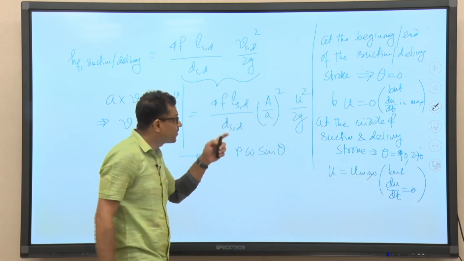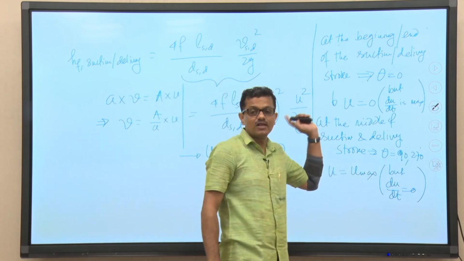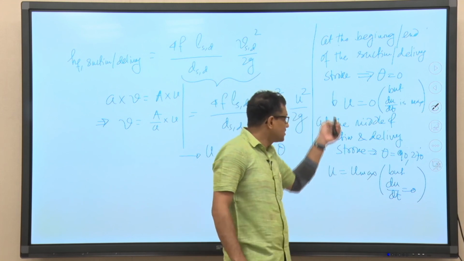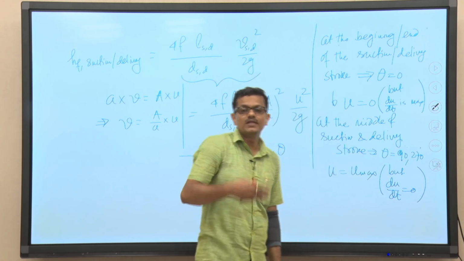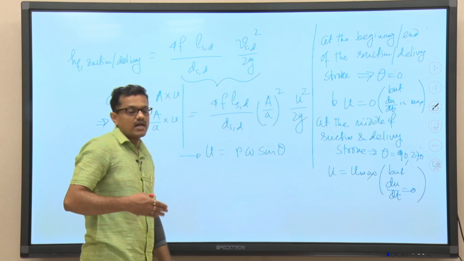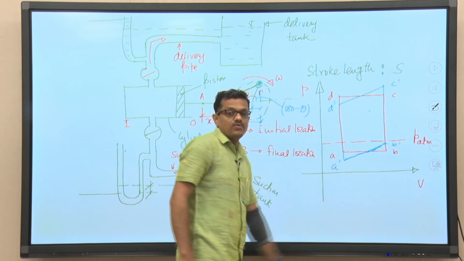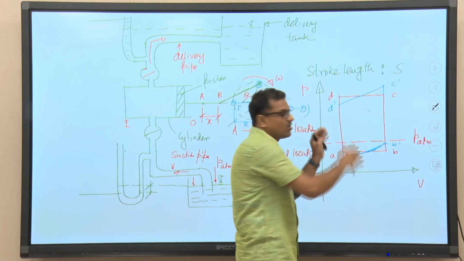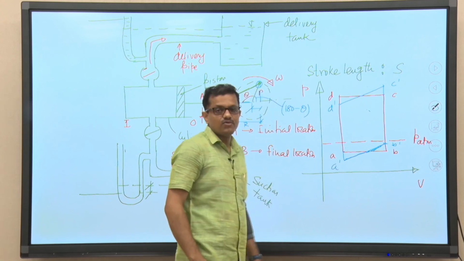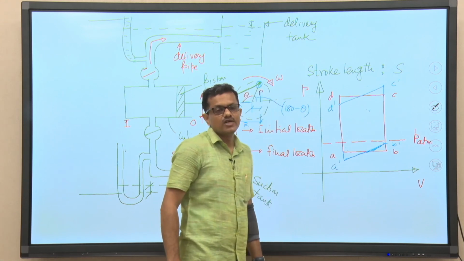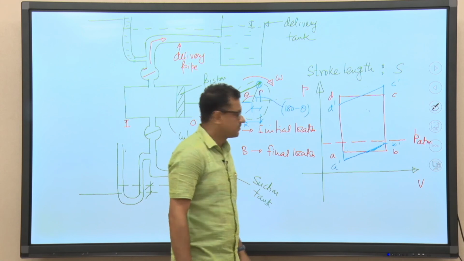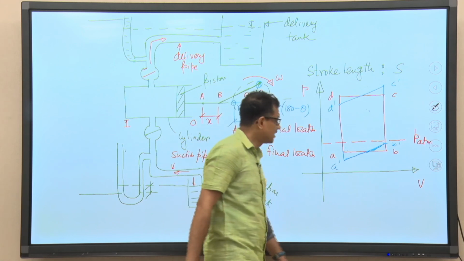If we try to superimpose, rather if we try to modify the indicator diagram considering this effect, then how will the diagram be modified and how will it look like? So, that is our next task.